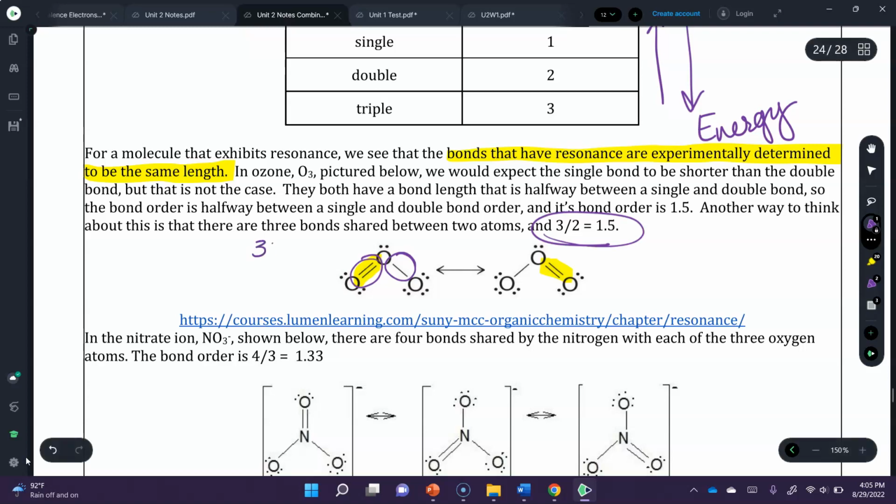So we have 3 bonds total, 2 from the double, 1 from the single, shared over the 2 atoms that this central oxygen bonds with. So that means we have a bond order of 1.5.